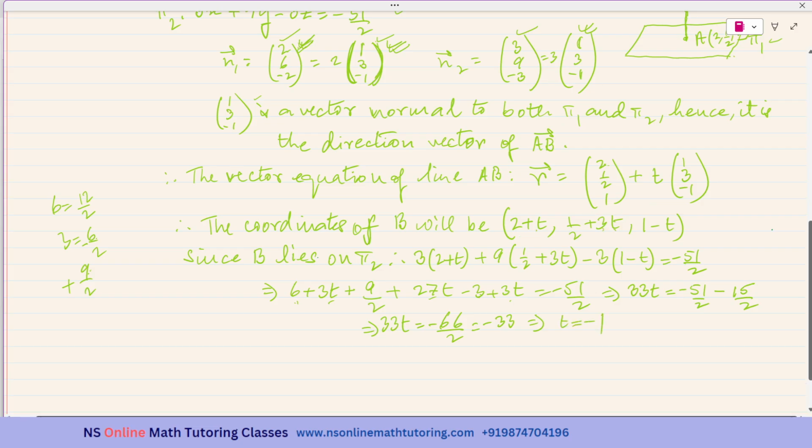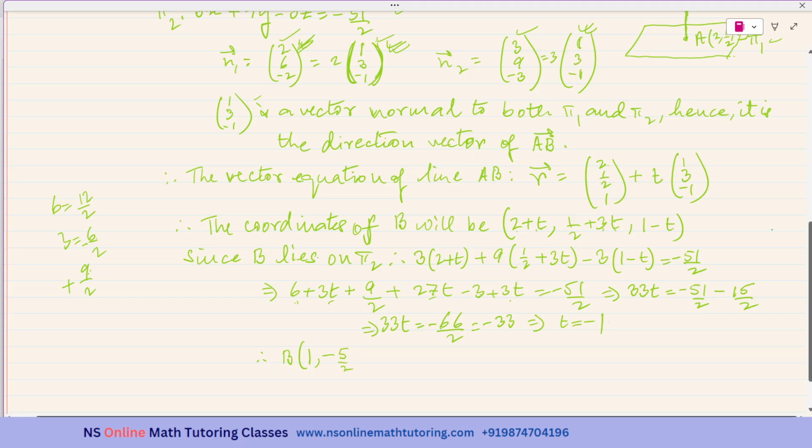So now the B's coordinates will be, therefore B, 2 minus 1 is 1 and half plus 3 times negative 1. 3 times negative 1 is negative 3 plus half, so negative 2.5. So I can write negative 2.5 or I can write negative 5/2.